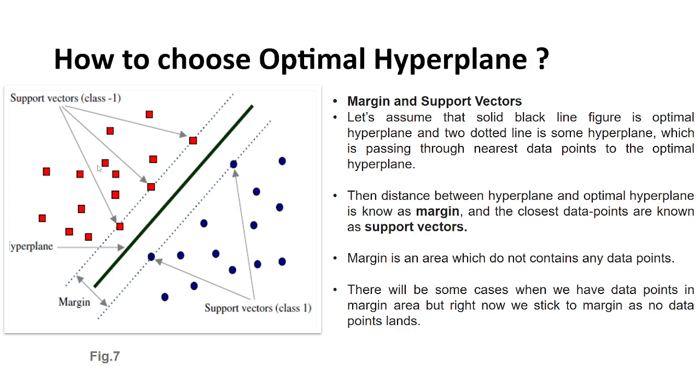Whenever we separate two data sets, we find the distance of this margin to the nearest data point of one set and the other set, and we maximize this distance. Those nearest points are called support vectors. So we are maximizing this particular margin, so that we can choose the optimal hyperplane using these support vector points.